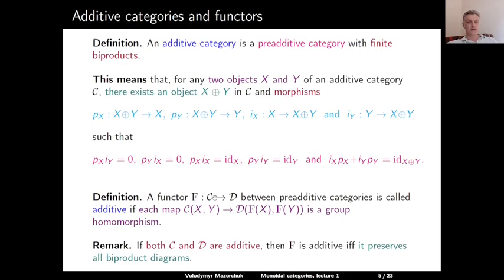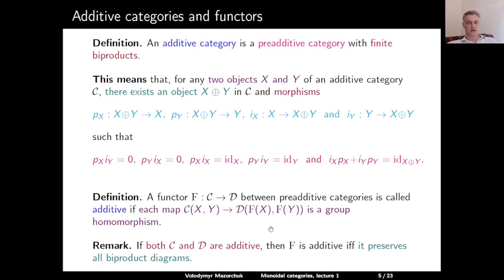Remark: if both C and D are additive categories, then a functor F from C to D is additive, which means it satisfies this definition, if and only if it preserves all biproduct diagrams.